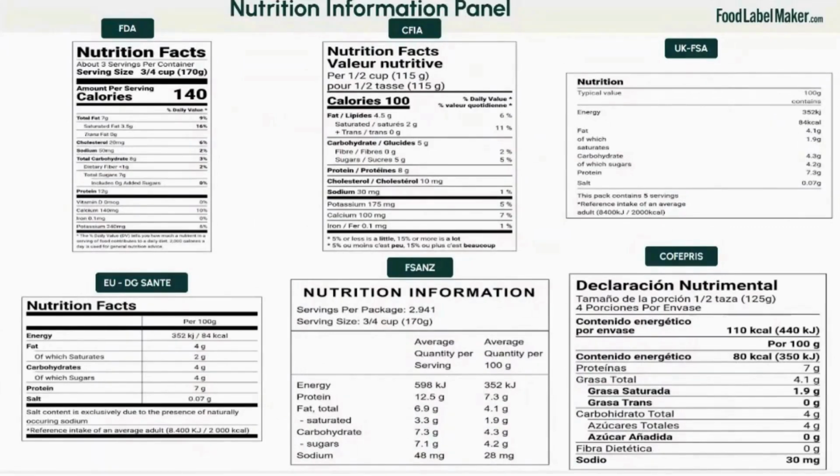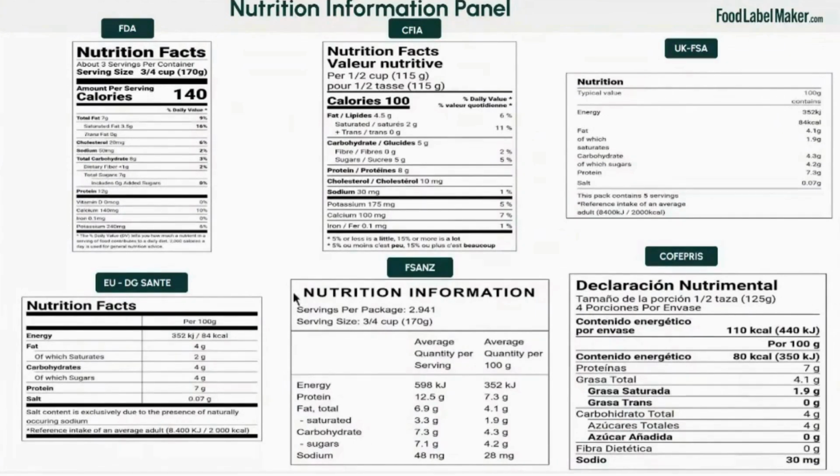Okay, let's start with the serving size. You'll notice that each label presents a different serving size, even though it's the exact same product we're talking about. It's the strawberry yogurt product across different markets. And the serving size is a major area for divergence.